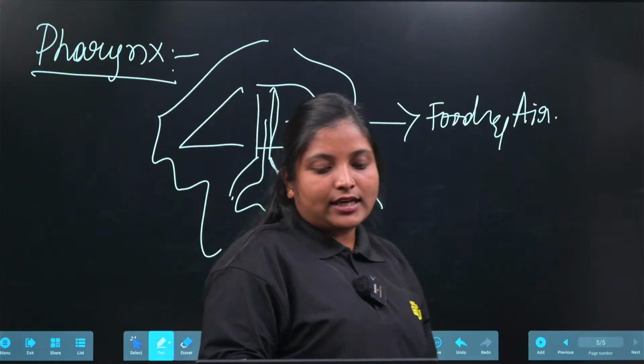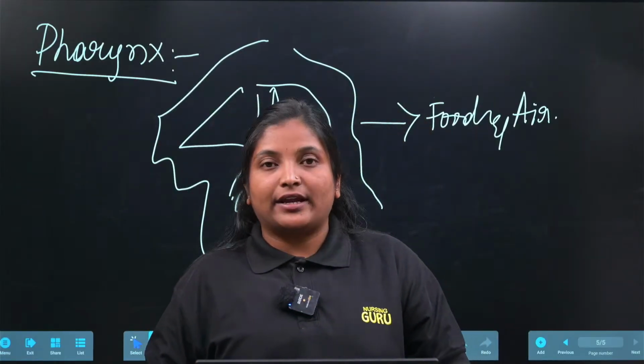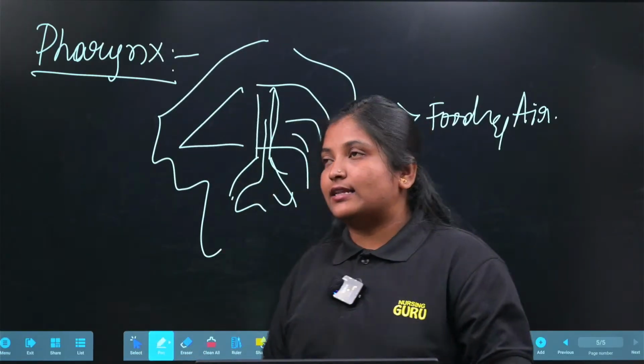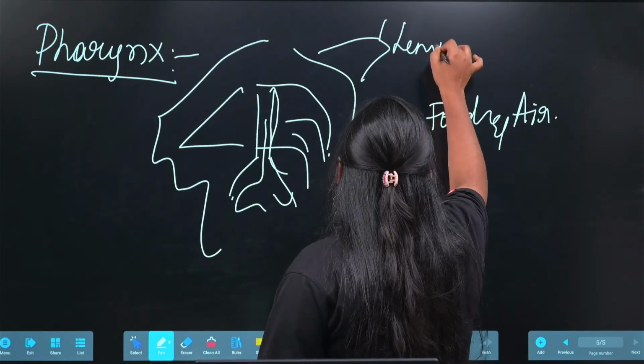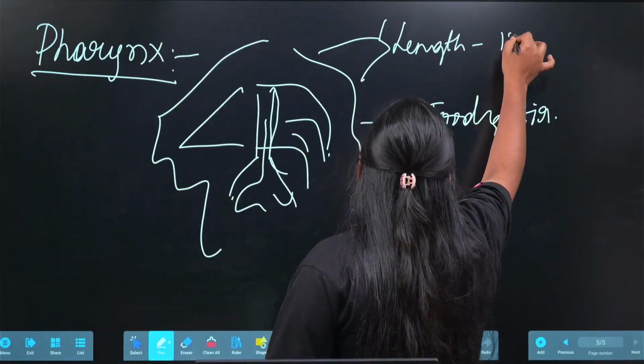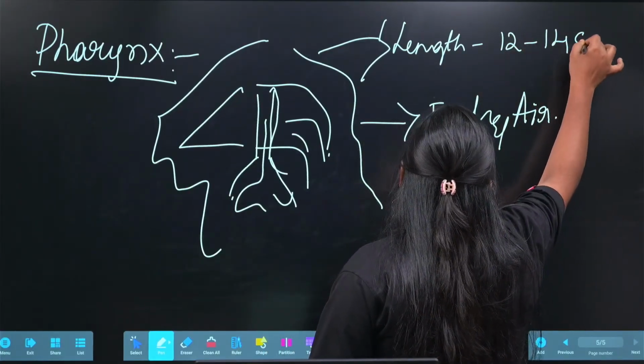The next one is the measurement. The length of the pharynx is 12 to 14 centimeters.